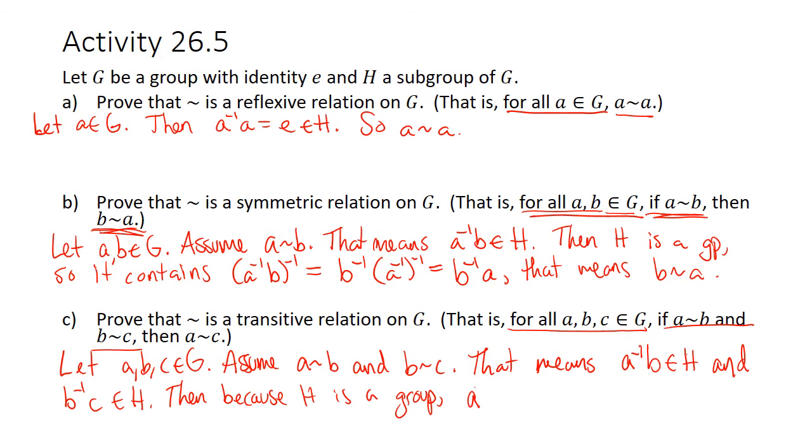So A inverse B times B inverse C, which equals A inverse C, is going to be an element of H. So A is related to C. And that's it.